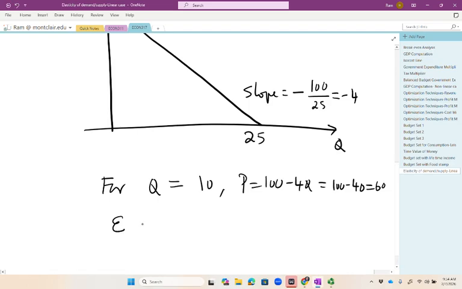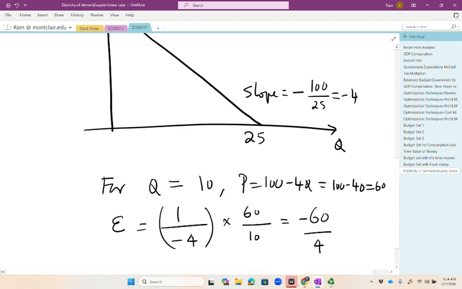So the elasticity is 1 over the slope of the inverse demand, negative 4, times price 60, quantity 10, so minus 60 over 40. I can divide both numerator and denominator by 20, factoring out 20. So I'll get minus 3 over 2, negative 1.5.